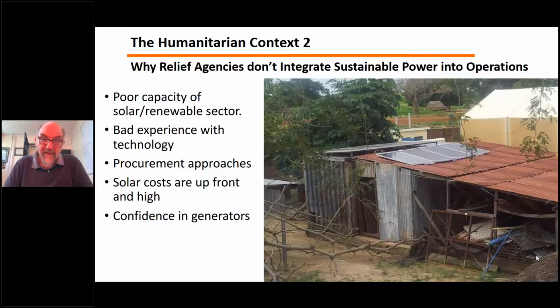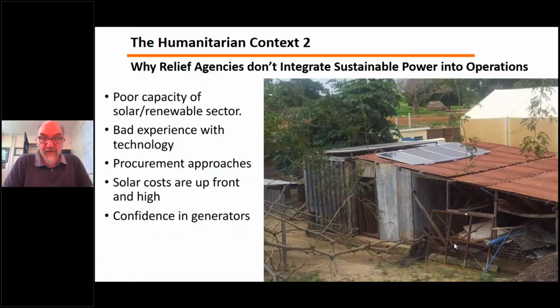So they've had bad experience with technology, so there's a lot of solar systems that just aren't working. So if you're a manager of an agency, you're like, well, can I trust it? The third thing is procurement approaches.